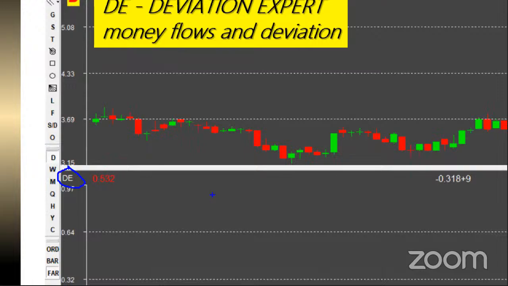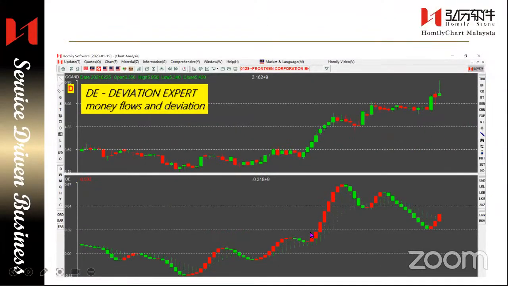So deviation and divergence, the same meaning. I think it has two functions. The first function is money flow. The red is called funds flow in, green is called flow out.